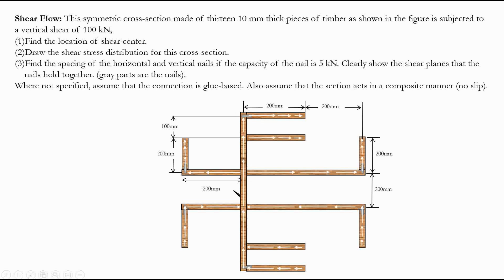Of course, we know that this cross-section is symmetric, as the question says, so everything is pretty easy for us to draw and understand. Again, I'm going to run this so that you can understand how this flow works. As soon as the flange contributes to the web, you add the value. This stress is added to the web, and the web carries the value and then it is redistributed. Okay, so this concept is very clear.